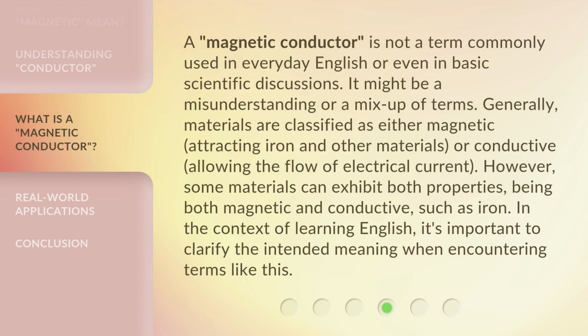Generally, materials are classified as either magnetic, attracting iron and other materials, or conductive, allowing the flow of electrical current. However, some materials can exhibit both properties, being both magnetic and conductive, such as iron. In the context of learning English, it's important to clarify the intended meaning when encountering terms like this.